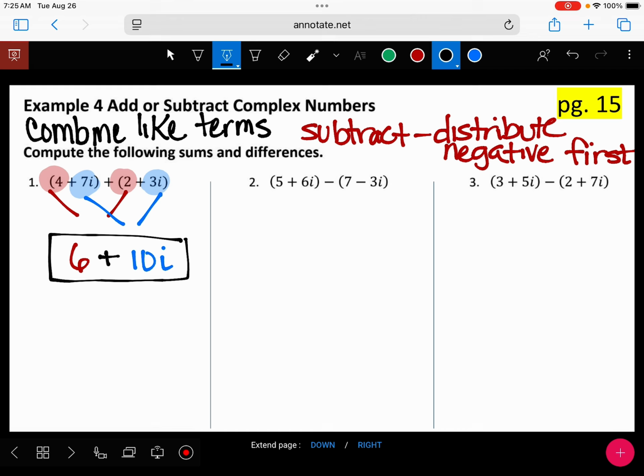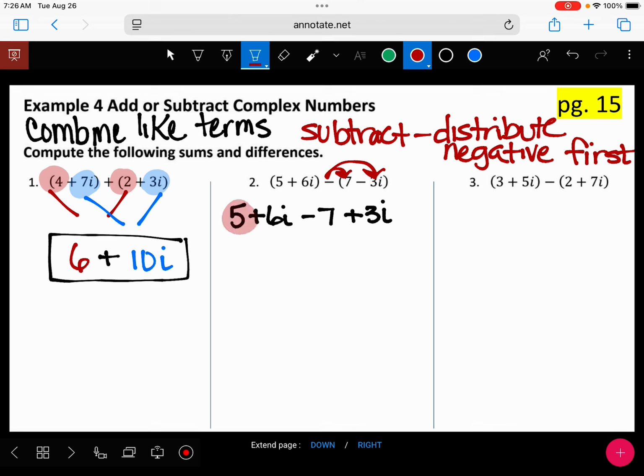Now, when it's subtraction, though, we can't just combine them right away. I'm going to rewrite the first parentheses. And then I need to do a sign change. Both of those terms in the parentheses are going to flip. So do you see how that 7 is positive? It's going to change to -7. And then the -3i, what do you think that's going to change to? A +3i. Good job. So now we're ready to combine our like terms.